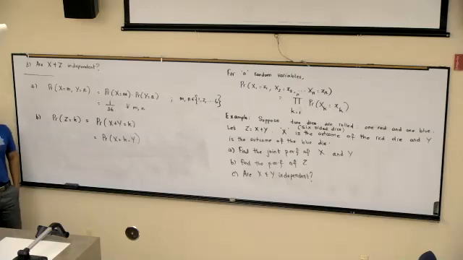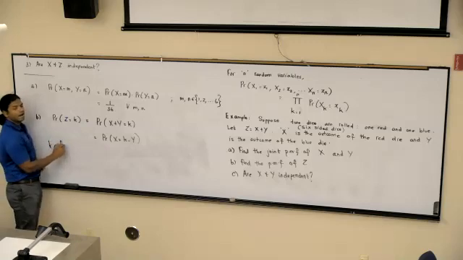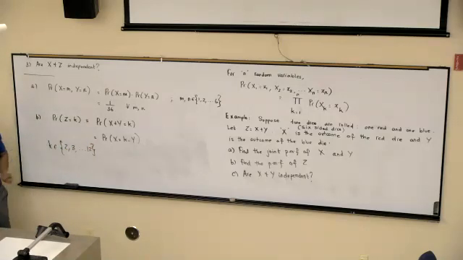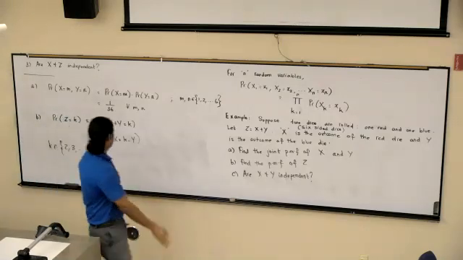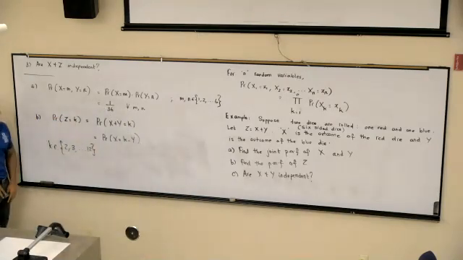What are the values of z, the support of z? Two, all the way up to 12. So k goes from 2 all the way up to 12.